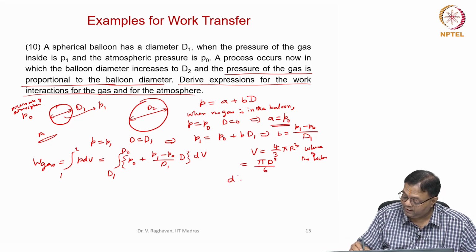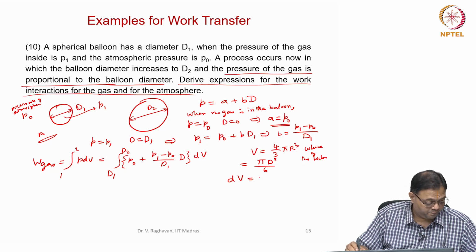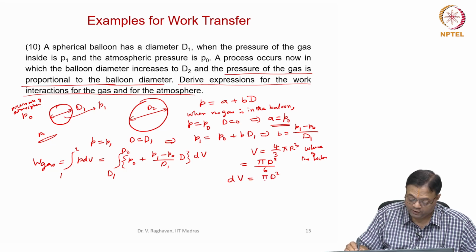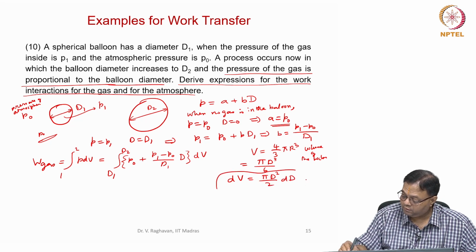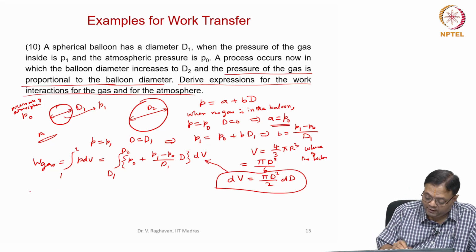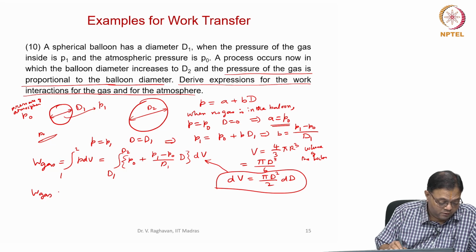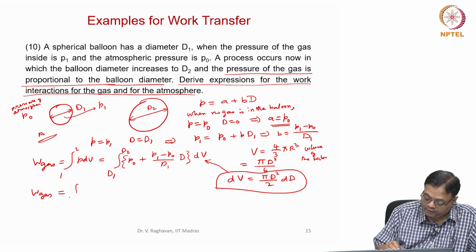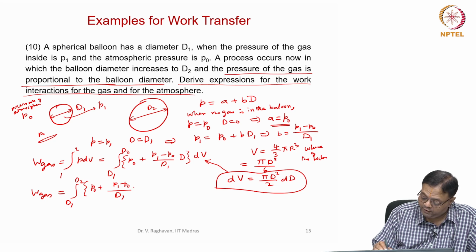That means dV can be written as pi d square by 2 into d diameter, from the definition of volume. So, I substitute this here. Then I will get W gas is equal to integral d1 to d2 of P naught plus P1 minus P naught by d1 into d into pi d square by 2 into dd.